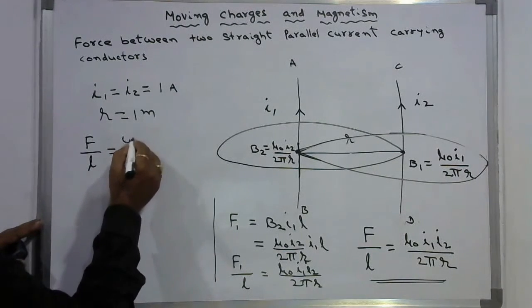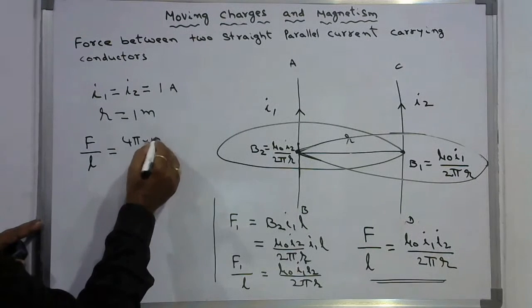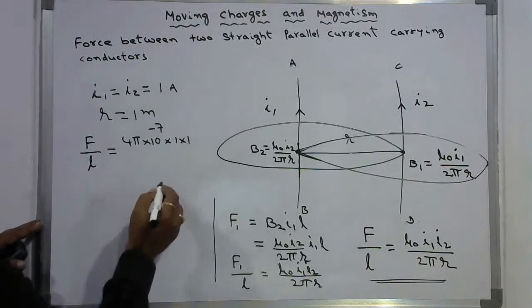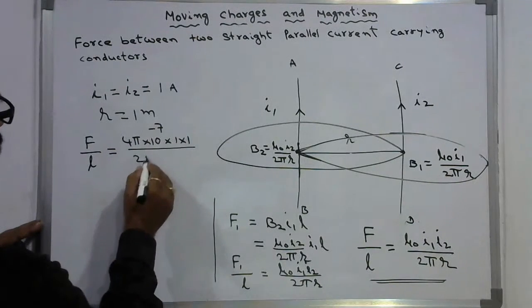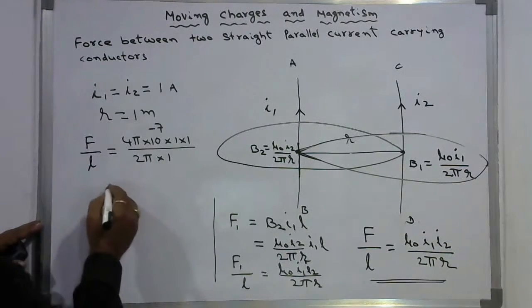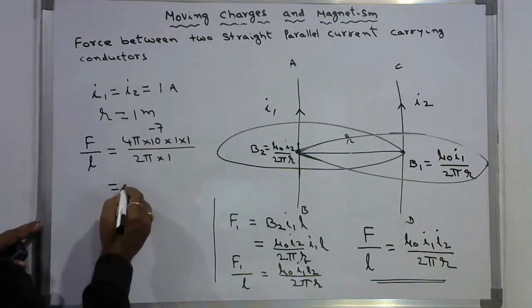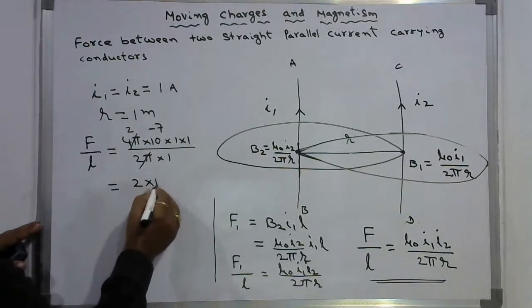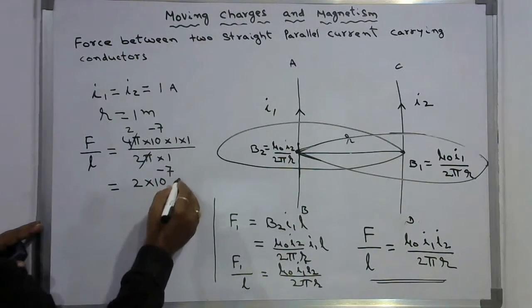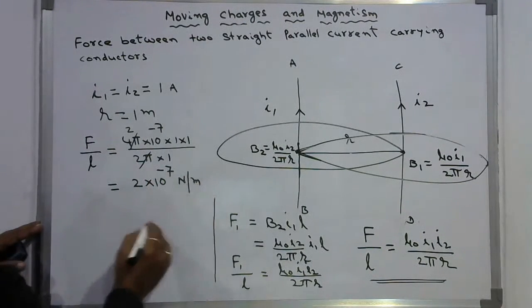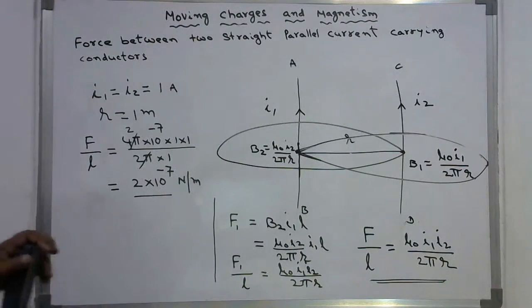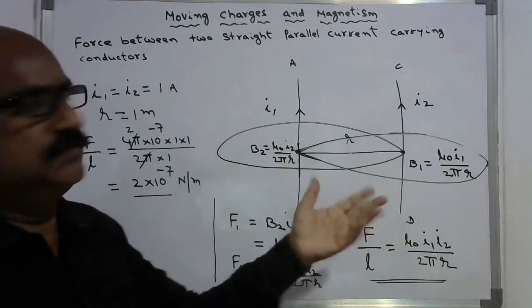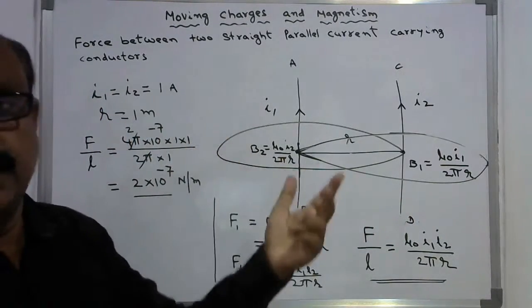Mu naught is 4 pi into 10 power of minus 7, into 1 into 1, by 2 pi into 1. So 2 by 2's cancel, and this becomes 2 into 10 power of minus 7 Newton per meter. So if I1 and I2 are 1 ampere.